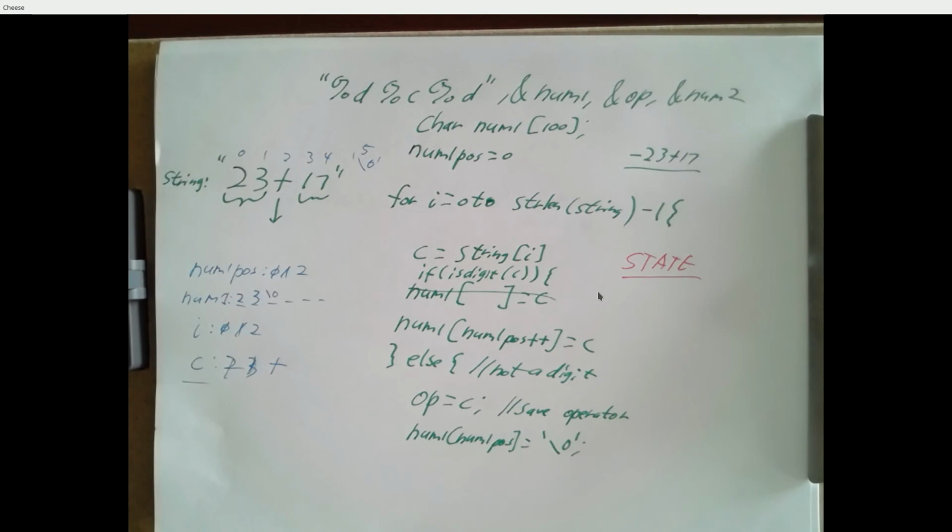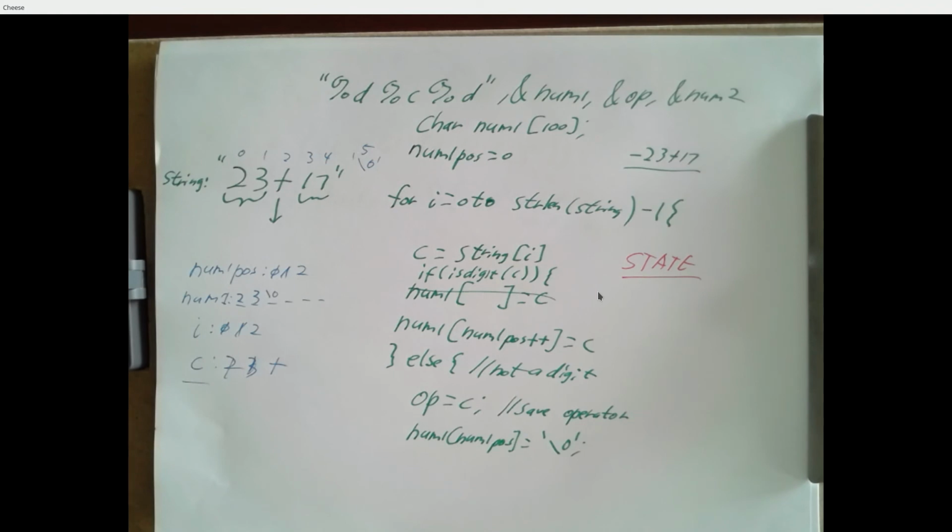The first time through, if that character is a minus or a plus, we treat it as part of the number. After that, if the character is not a digit, it's an operator. But the very first time through, when we look at character 0, if the character is not a digit, but it's a plus or a minus, we treat it as part of the number.